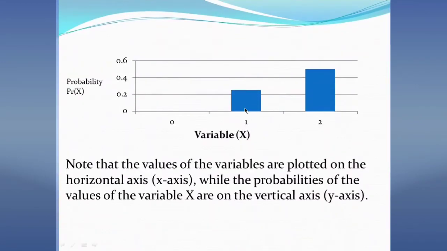Yung 2 is nasa 0.5, kaya mas mataas siya. Note that the values of the variable x are plotted on the horizontal axis, while the probabilities of the values of the variable x are on the vertical axis or y-axis.